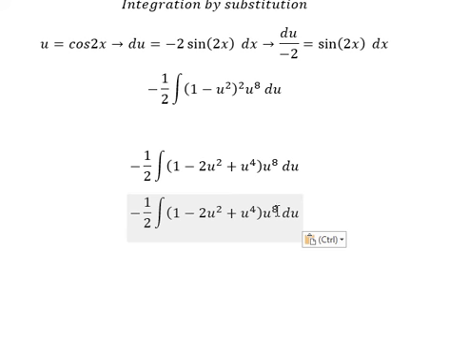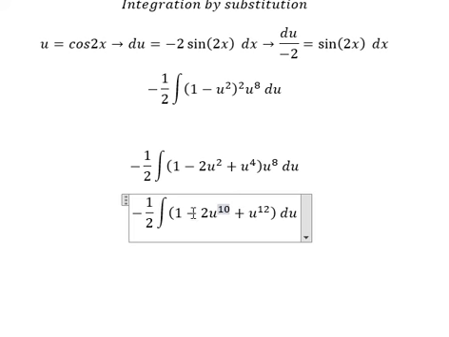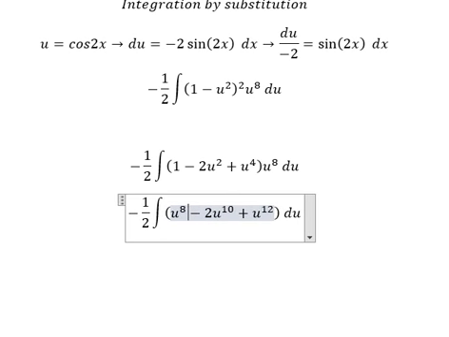So u to the power of 8 multiplied by number 1, u square and u to the power of 4. So 8 plus 4 we have number 12. 8 plus 2 we have number 10. And this one we have u to the power of 8.